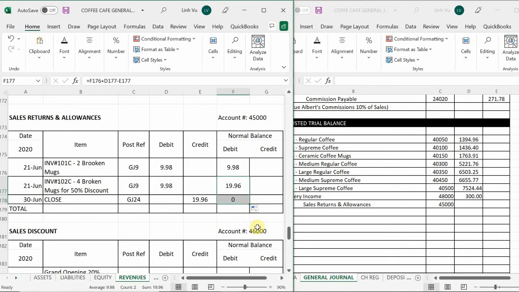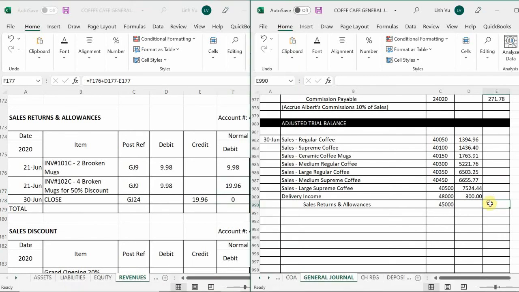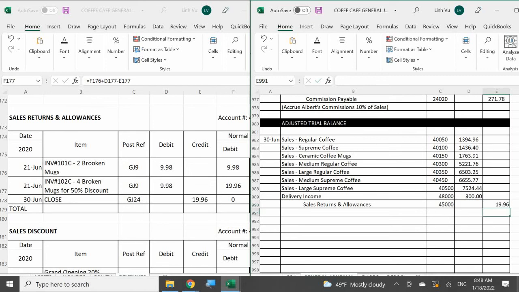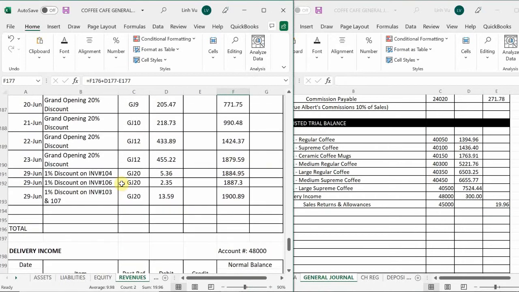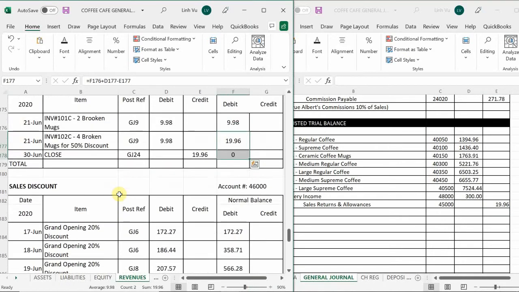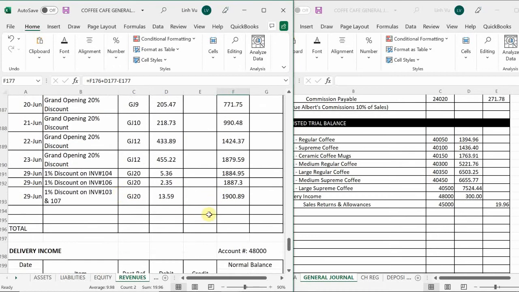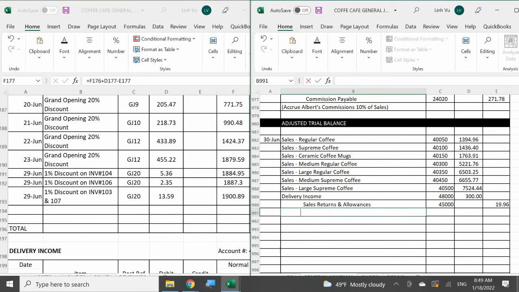Okay. And then last but not least, we have our sales discount account for $46,000 at a grand total of $1,989. Okay, 1,989.